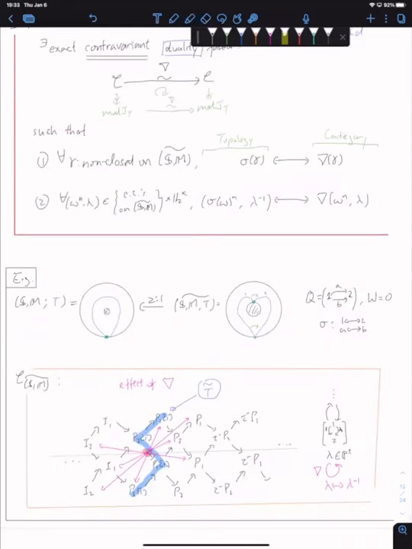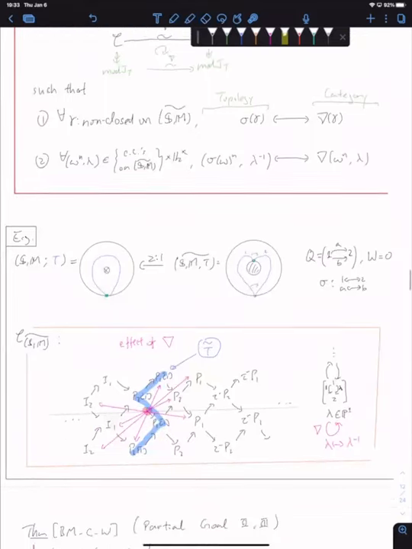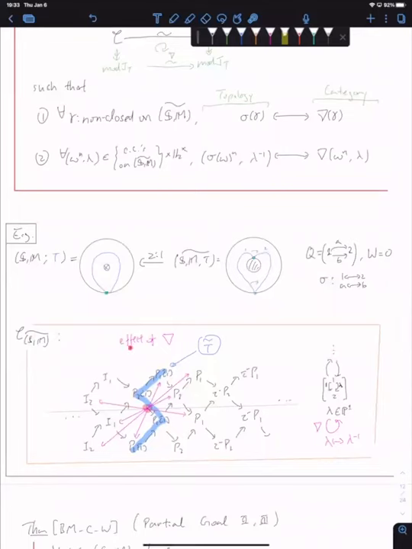So to display the effect of applying this contravariant duality, let me just do this Kronecker example that I showed you about. So the effect of applying this exact contravariant duality is that you send objects kind of around a focal point.